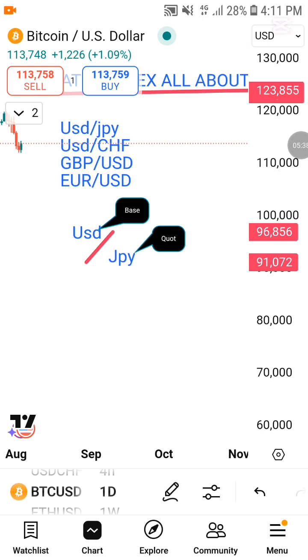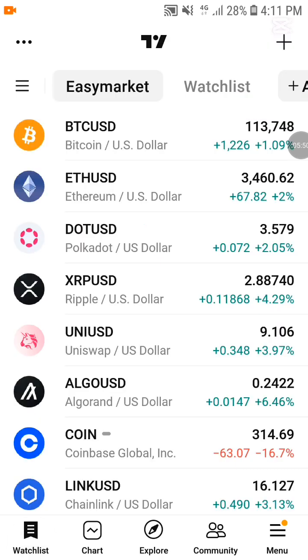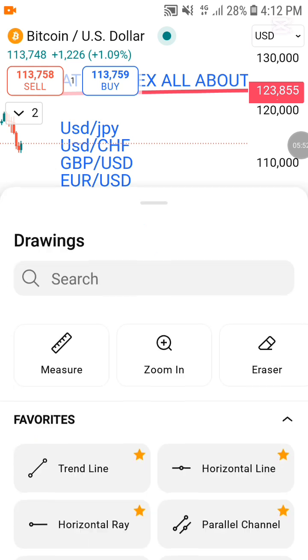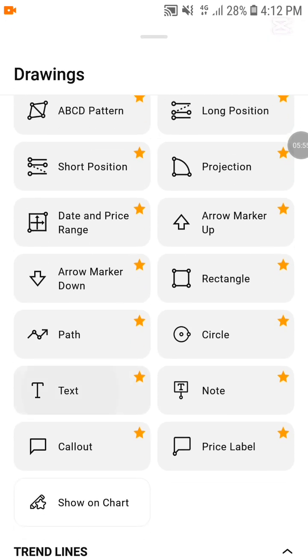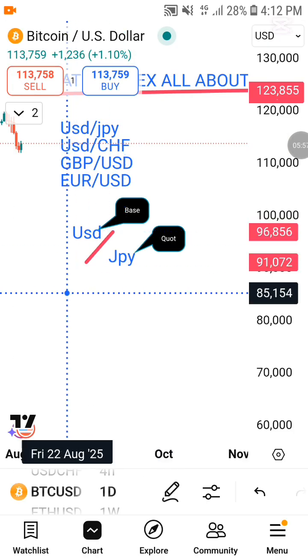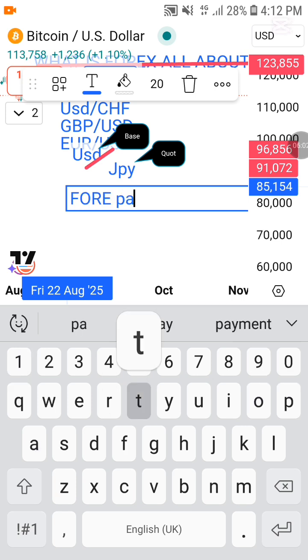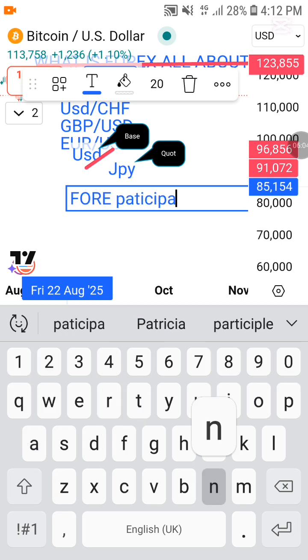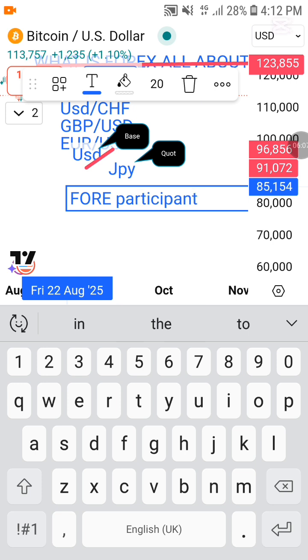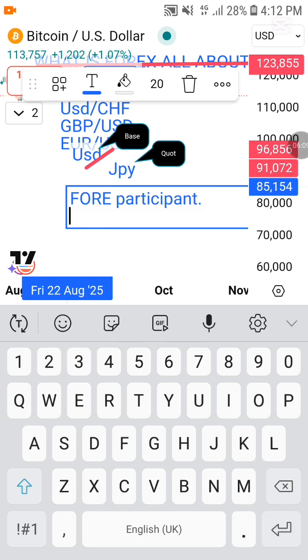So coming to participants in the Forex, there are two major people that participate in this Forex. They are called buyers and sellers. So we have the Forex participants.